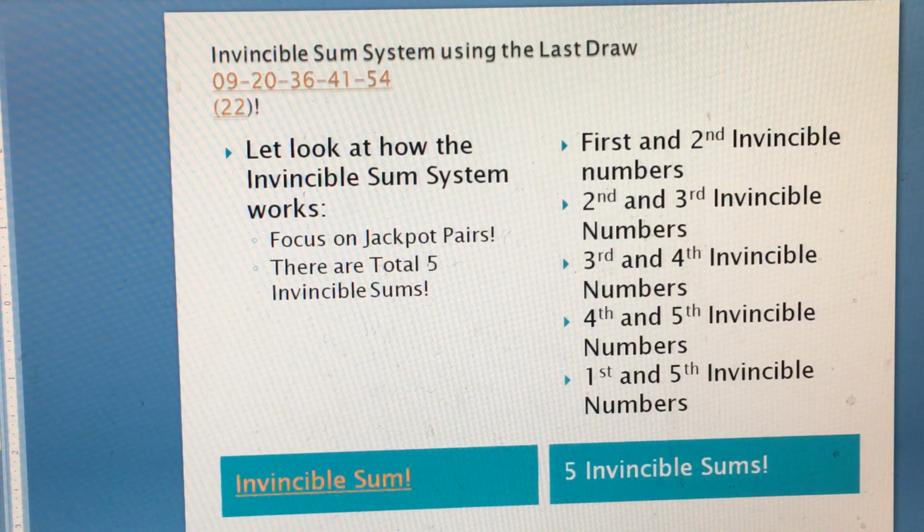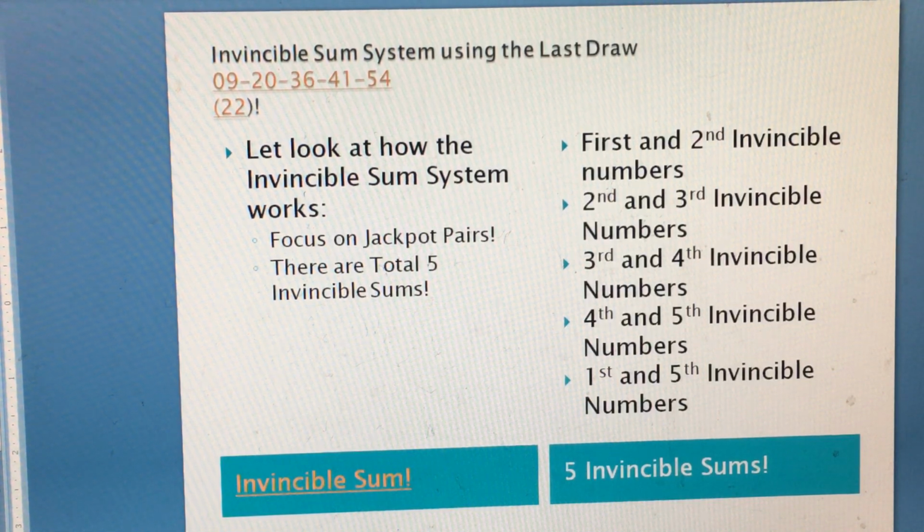Do you think that 22 will pop up again in either Mega Millions or Powerball next draw, for the Mega Ball, the Powerball, or the five white balls? I'll let you decide on that. Let's look at how the Invincible Sum system works.